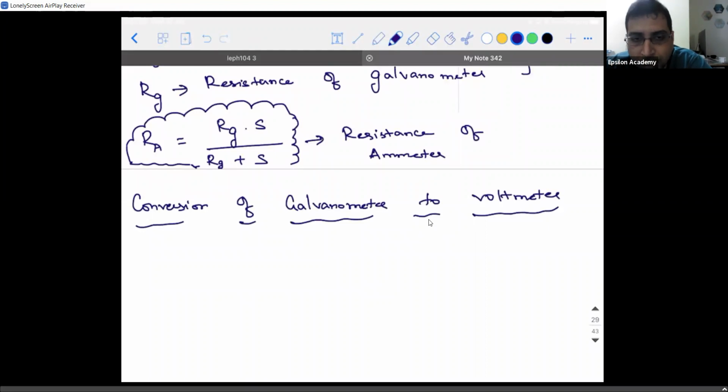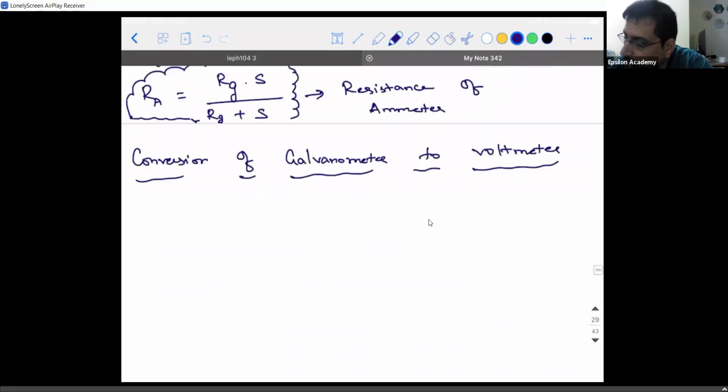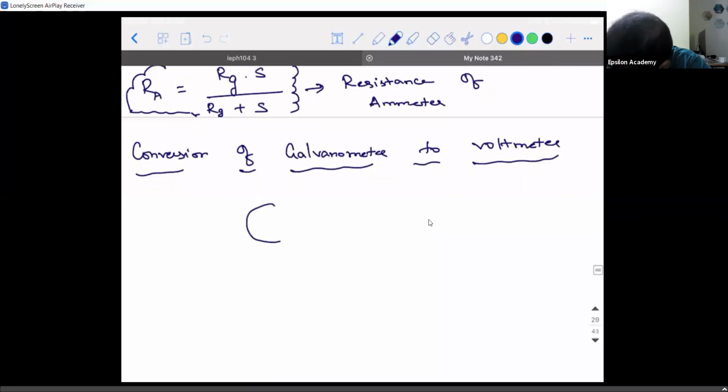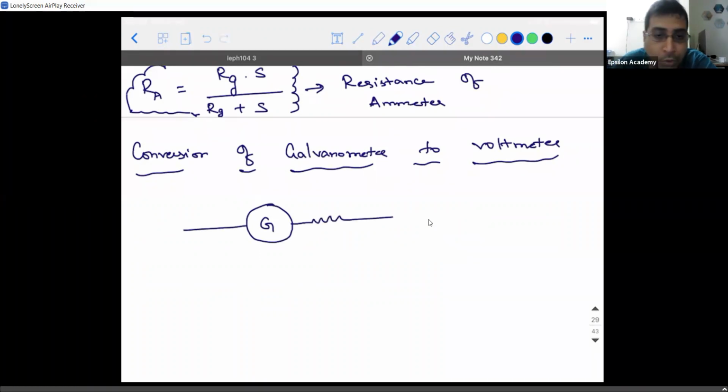Next is how are we going to convert a galvanometer to voltmeter? So it's very simple. You have a galvanometer, resistance of the galvanometer is Rg.